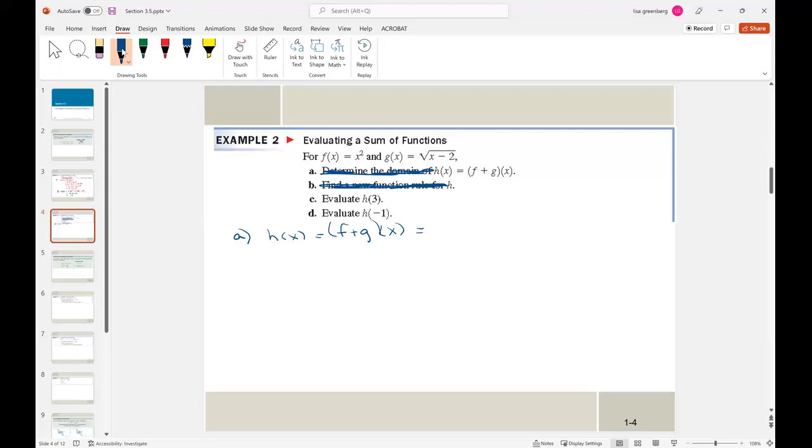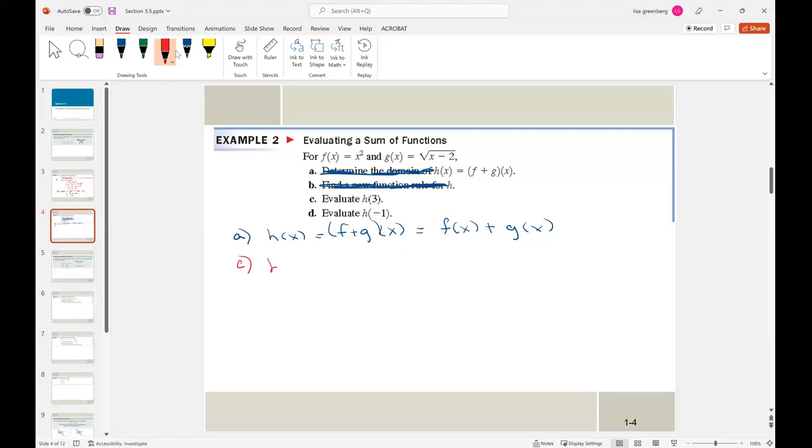So don't look at the PowerPoint from Pearson, but we'll just do this one. So equals f of x plus g of x, which is really what B is asking, but we wouldn't ask it in that way. And then evaluate h of 3. So we'll do C here.